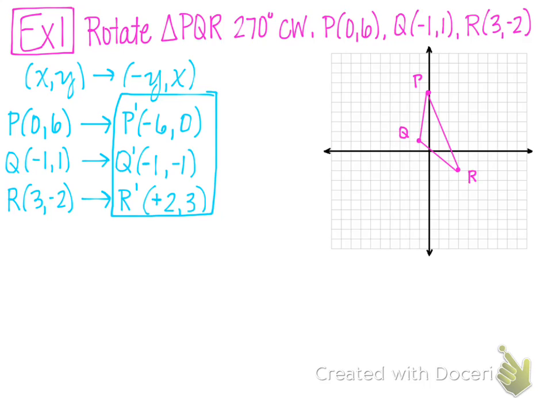And then, for our new triangle, we have (-6, 0), which is P prime. We have (-1, -1), which is Q prime. And then we have (2, 3), which is R prime. So let's connect those points.